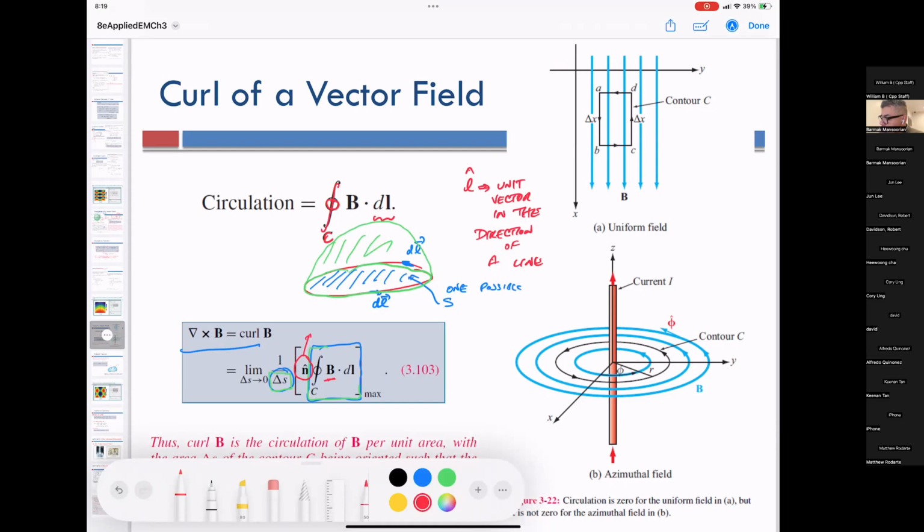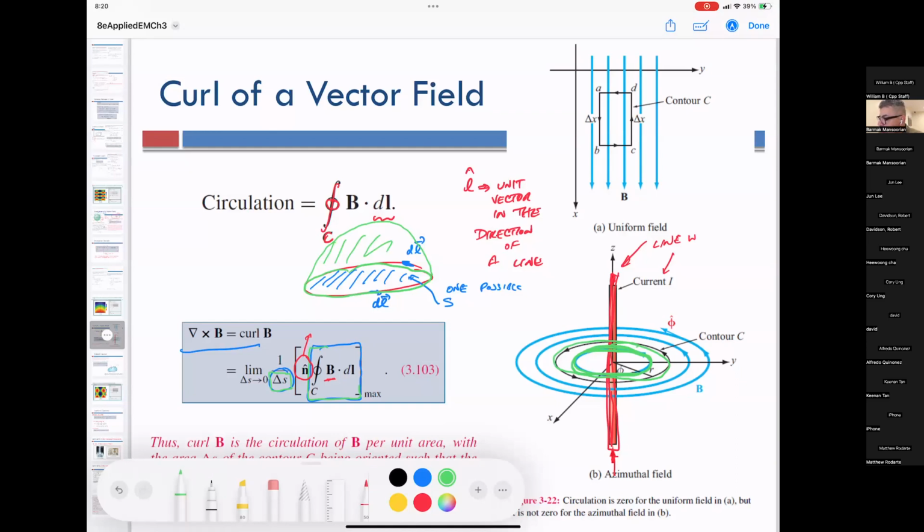If you look at the right side of the slide, this is a line with a current going through it, and if I took a path around, I don't know if you can see my green drawing of the circular path around that line, I can take any contour C, because I'm going to shrink that contour C to something small.